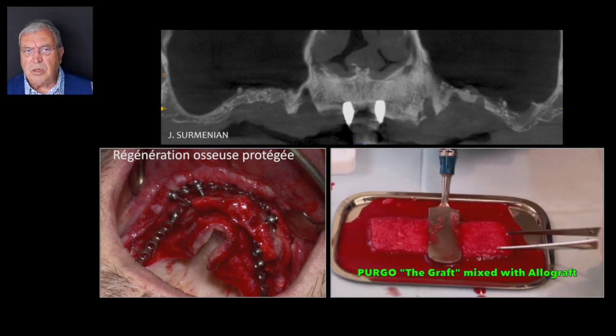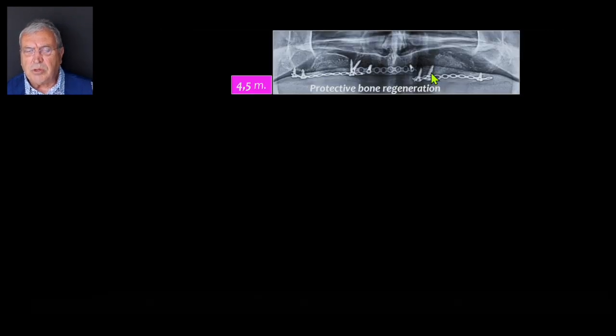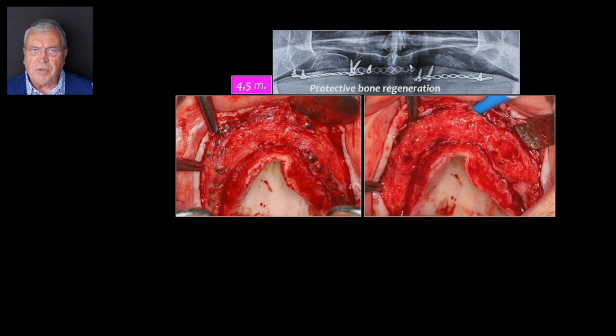And then we used the same protocol in order to make the full reconstruction of the maxilla without collagen. And this is the bone regeneration after 4 months and a half. We waited more than usual because of the lockdown. Otherwise, we would reopen earlier.